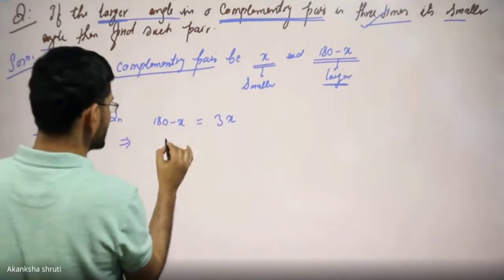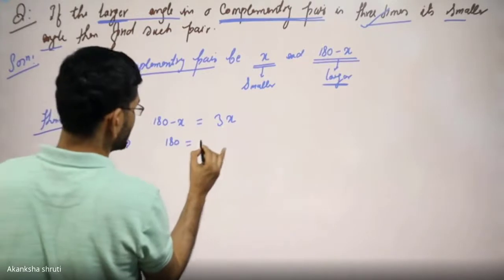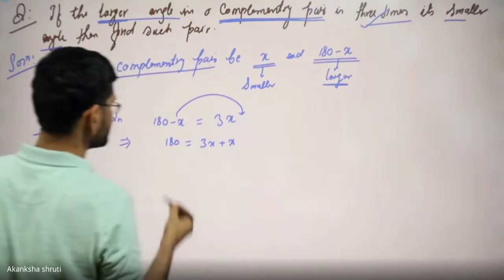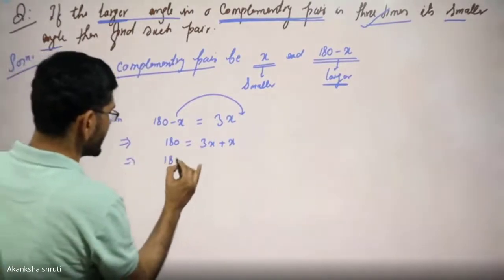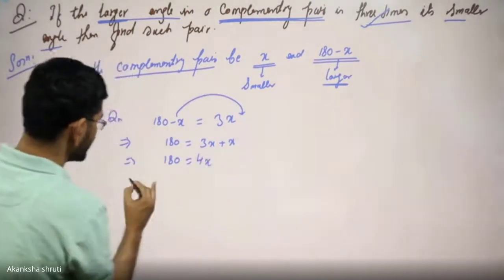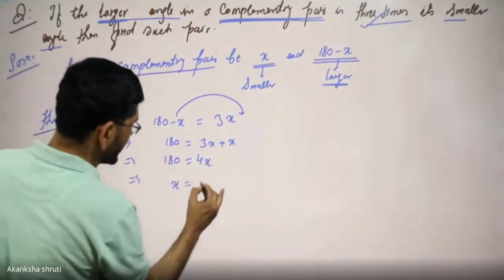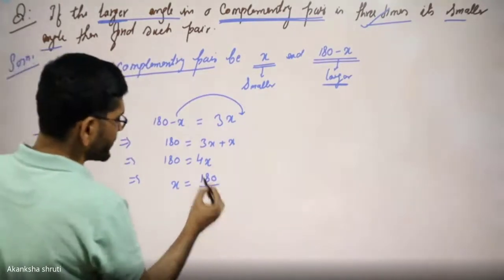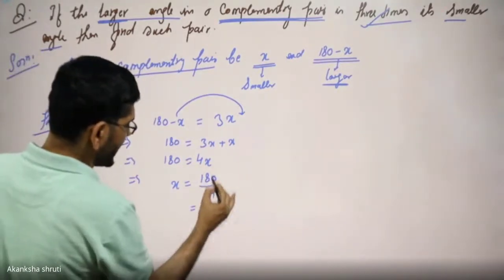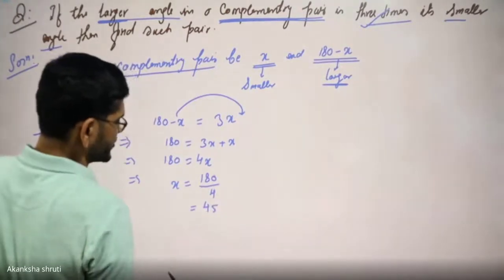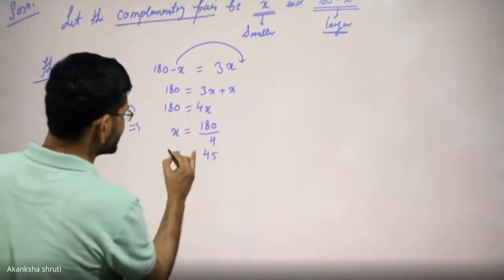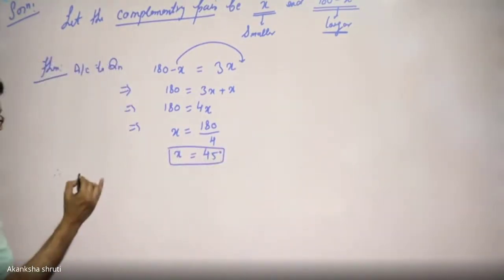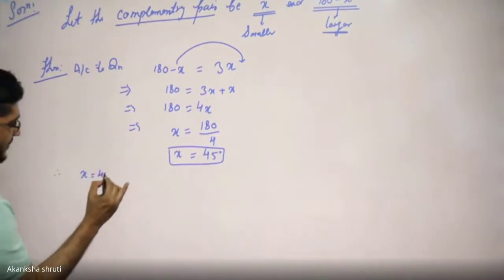Bring this x to the right hand side, so 180 is equal to 3x plus x. This implies 180 is equal to 4x. So x becomes 180 divided by 4. Dividing, 4 4s are 16 and 4 5s are 20. So the value of x is 45 degree.